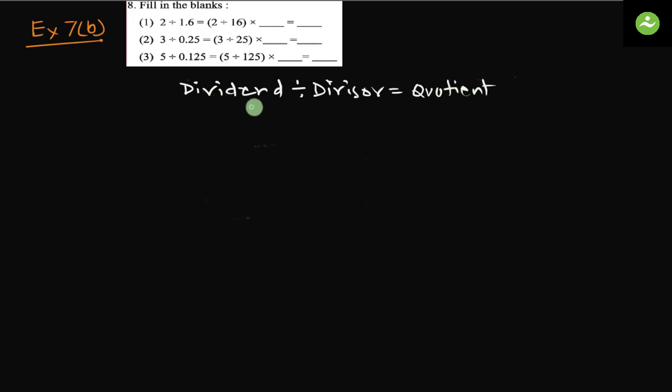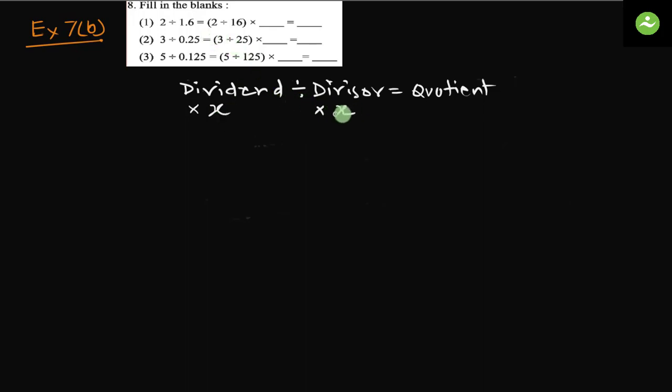Now if we multiply the divisor by any number, it's 10 or 100 or 1000, for example x, we must multiply the dividend by the same number also, otherwise the value will change. So that the value doesn't change, we have to multiply both by the same number.